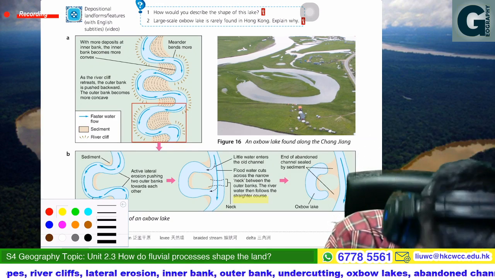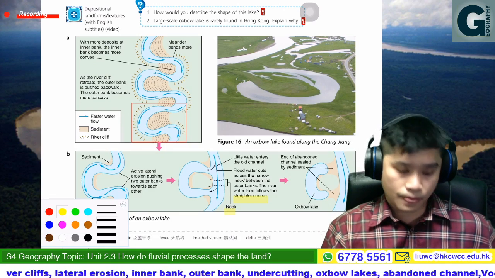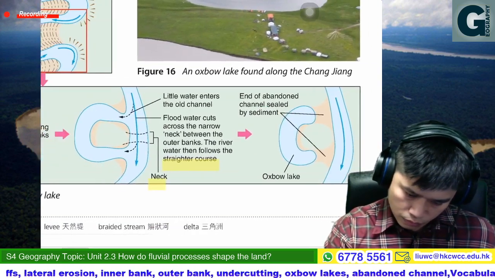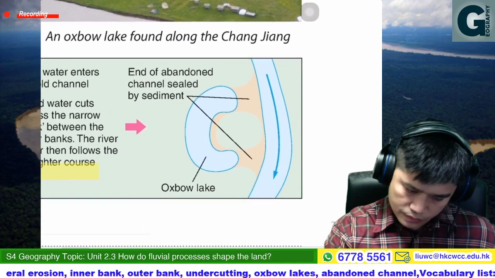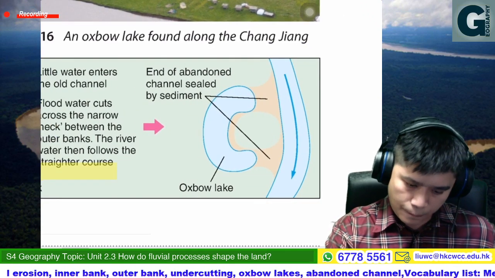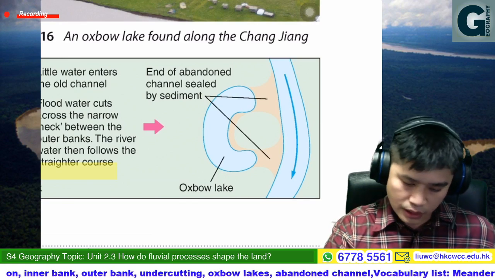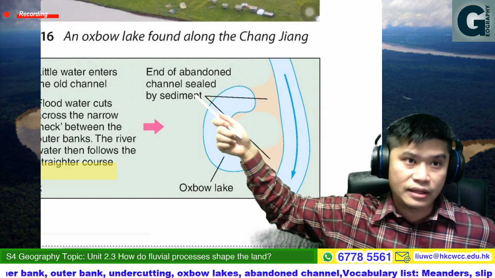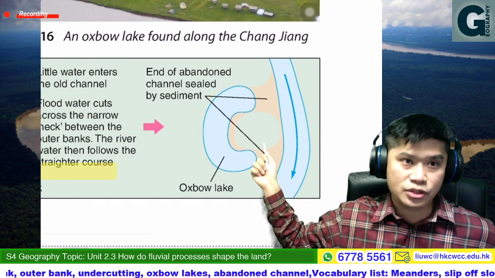And here, we call it the neck. So after that, you can see the abandoned channel sealed by sediment. Here that is the abandoned channel, and it is sealed by the sediment. Okay, that will be the deposition.